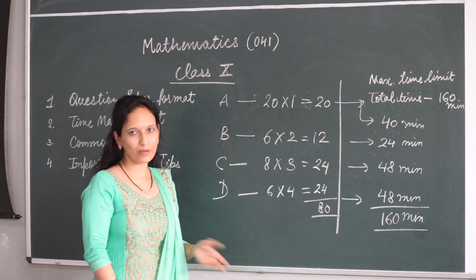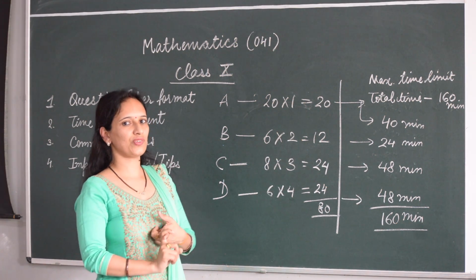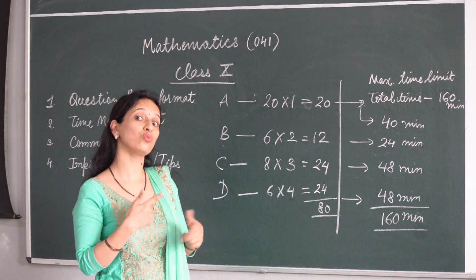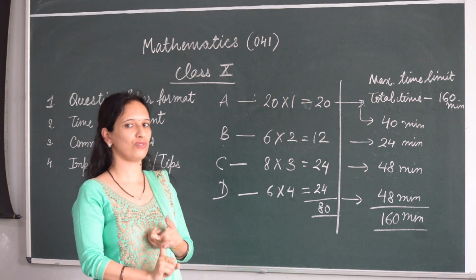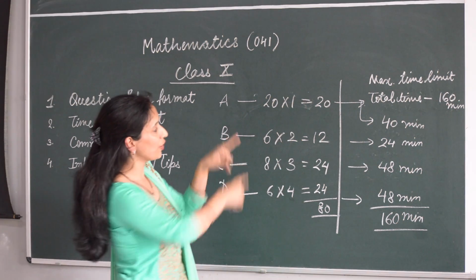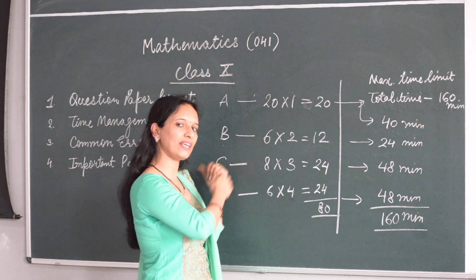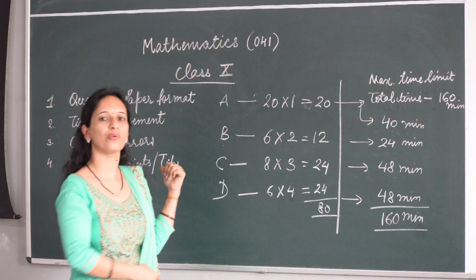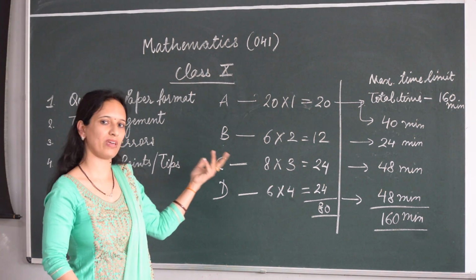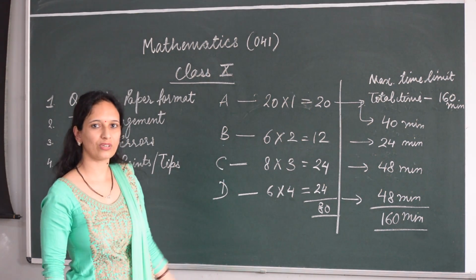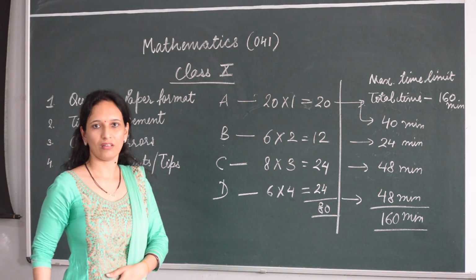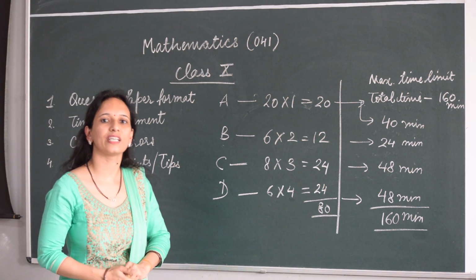In probability also, when the question is about throwing 2 dice, I would suggest you write all the 36 outcomes. Only then you can answer the question very well. Otherwise, maybe you are left with one of the outcomes and you will not be able to answer it properly.